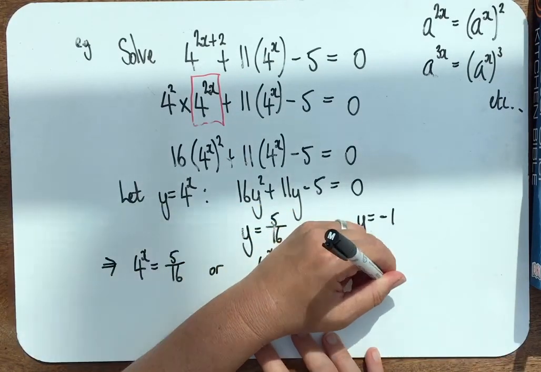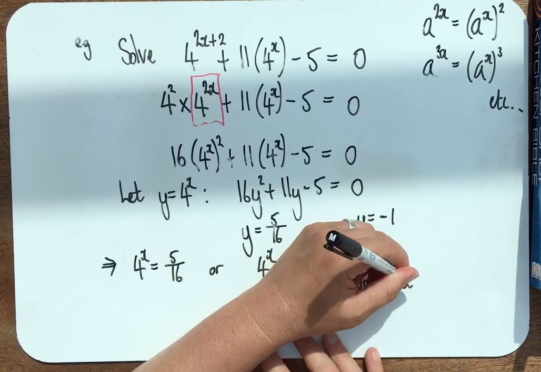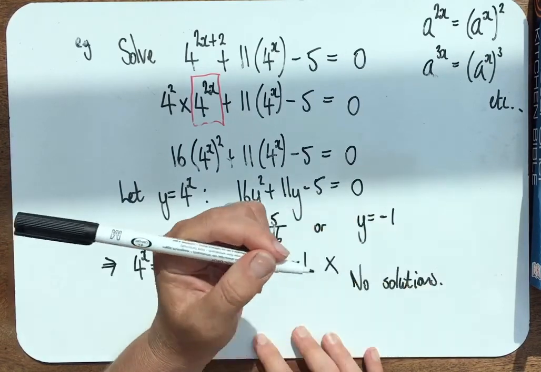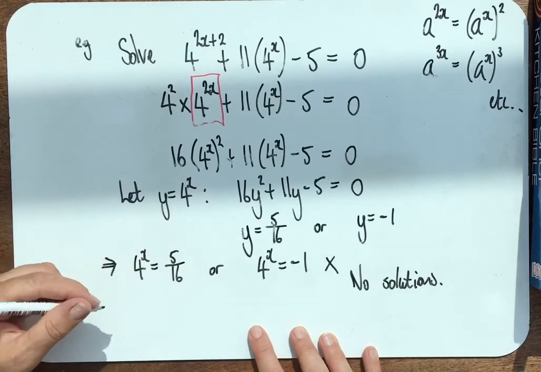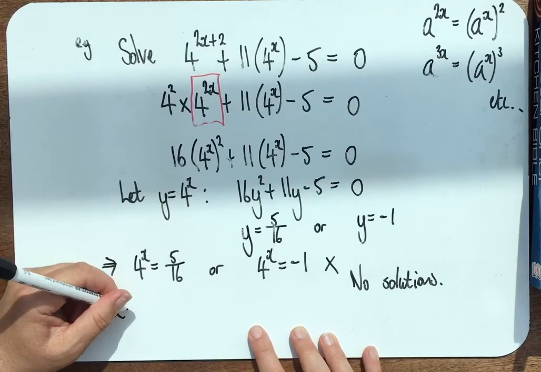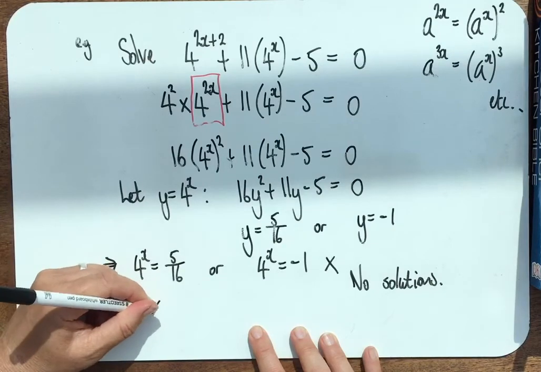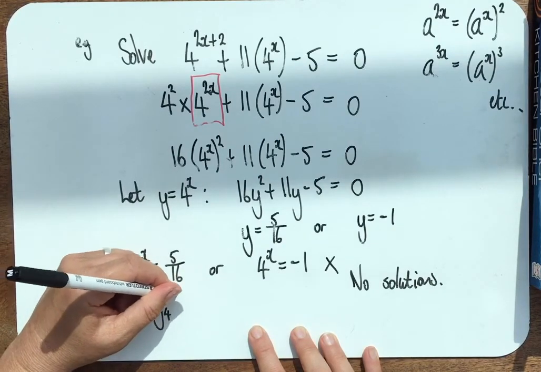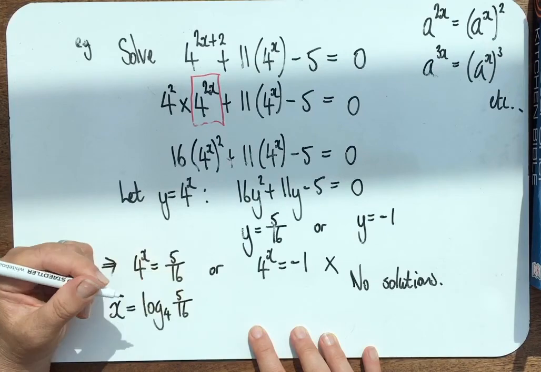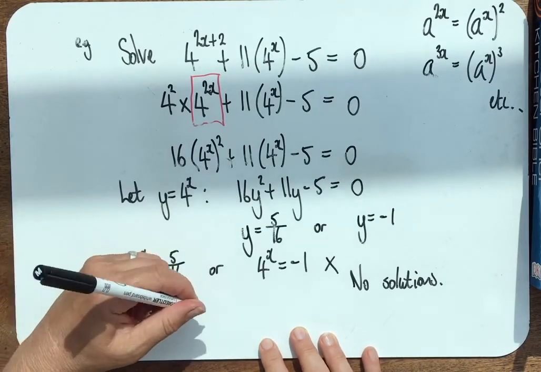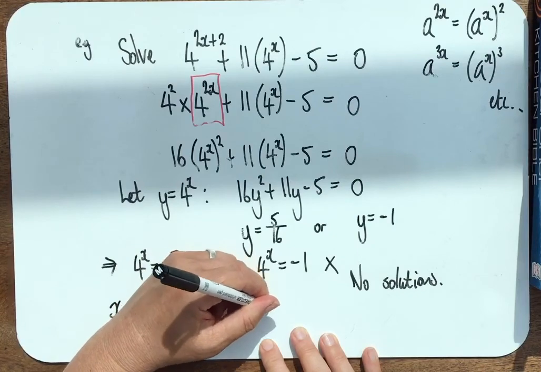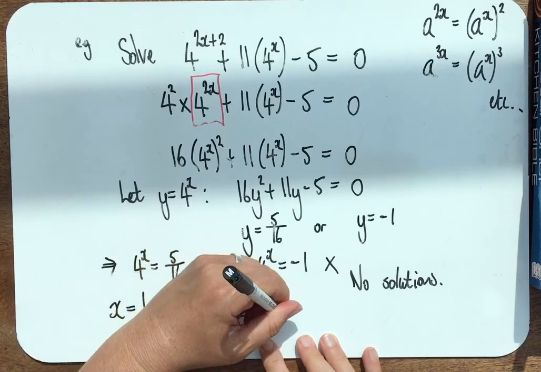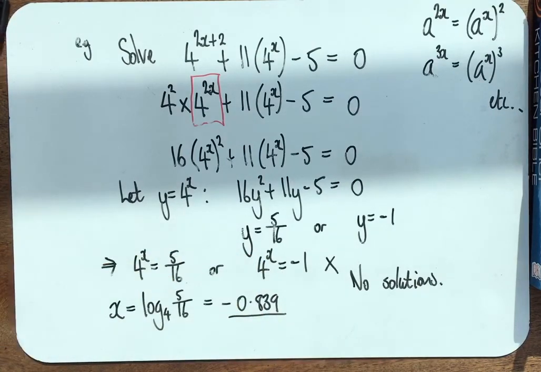If you try and solve it, your calculator would soon tell you that you've got a maths error. Here, rewriting this one as a logarithm, x is equal to log to the base 4 of 5 over 16, and that gives you negative 0.839. So just one solution to that one.